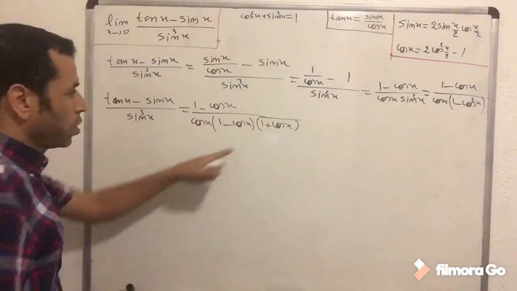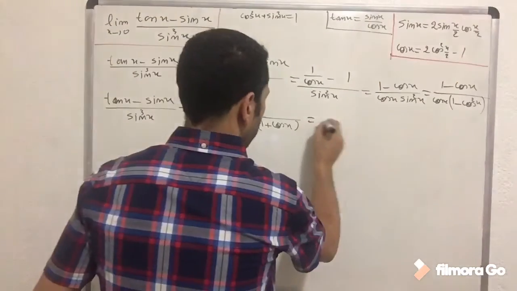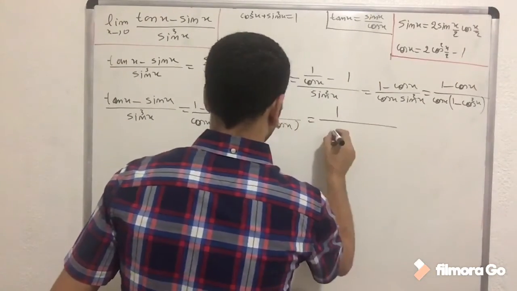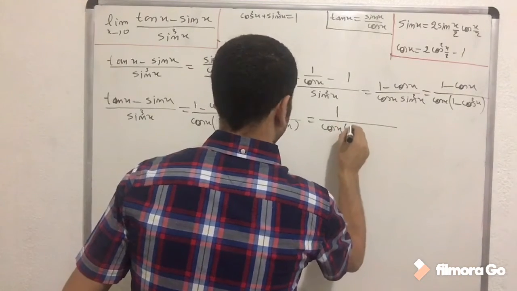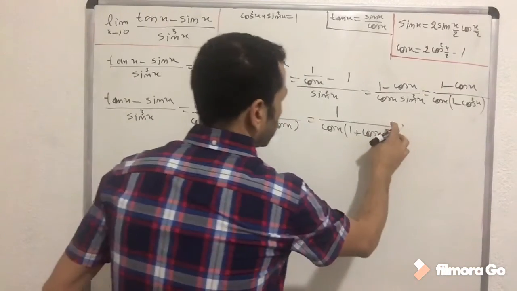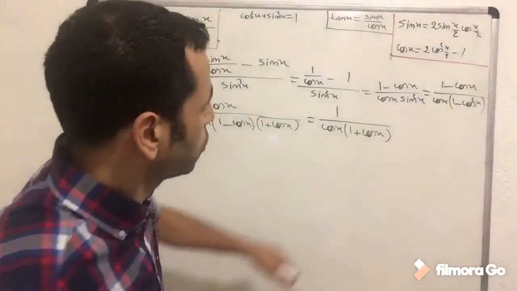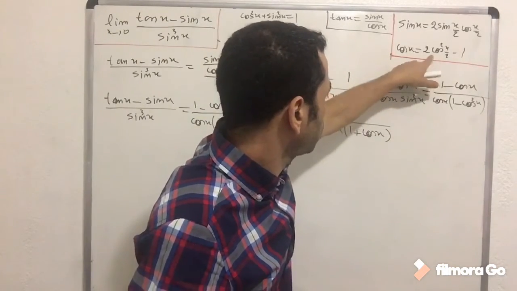You are going to simplify this by this, and it gives you 1 over cosine x multiplied by 1 plus cosine x. This is very clear. Also, you have to plug in this one into this one.